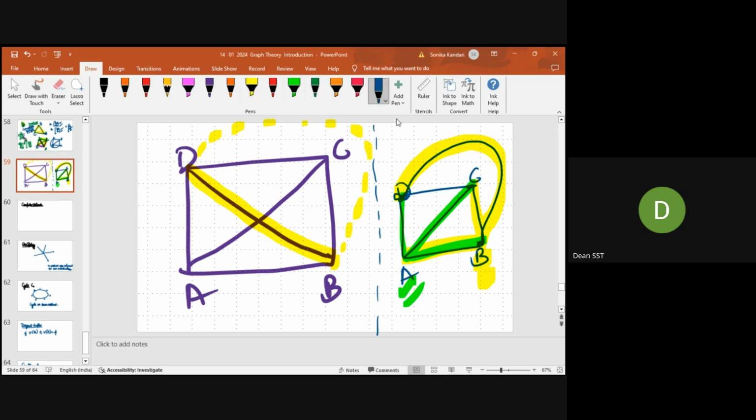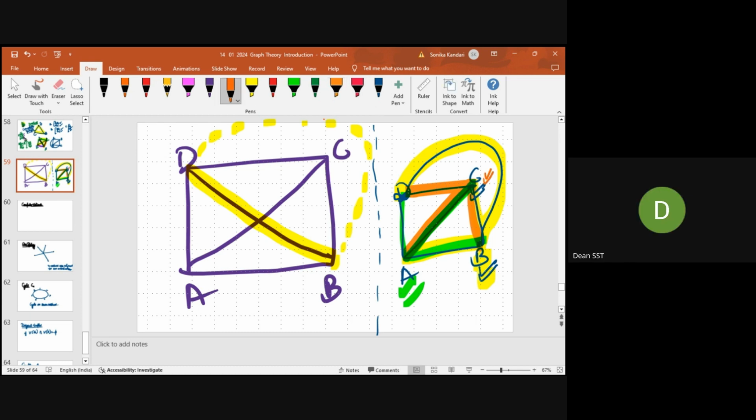Now check for C. CA, yes, it is. And CB. Fine. There is no problem. C is also okay.